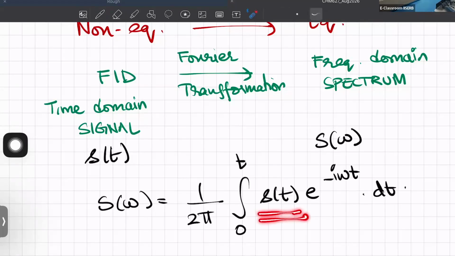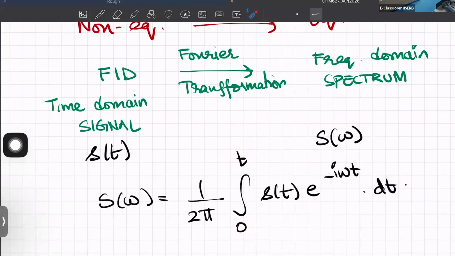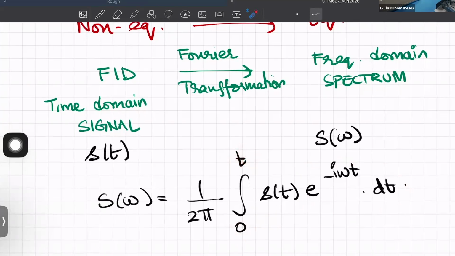meaning that you have a time domain signal with an integrand, which is a Fourier integrand. If you integrate it over all time, it should be minus infinity to plus infinity, but you have no signal from minus infinity to 0. And then from 0 to infinity, you'll have signal. But after a point, due to decay, there'll be no signal after a certain duration. So you cut the measurement after a certain time t. If you do a Fourier transformation, you'll be able to get a frequency domain spectrum.